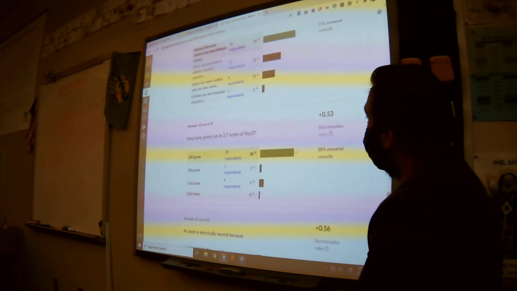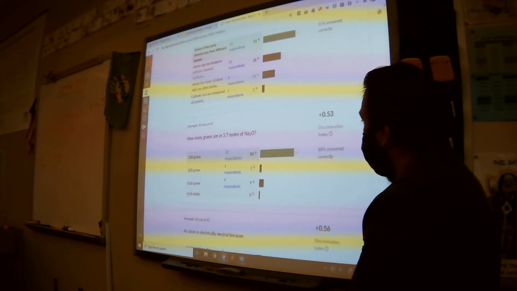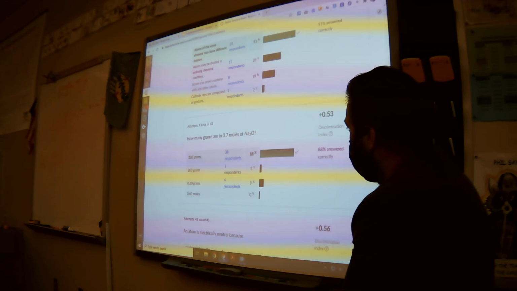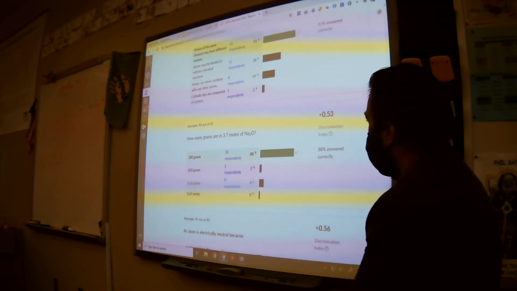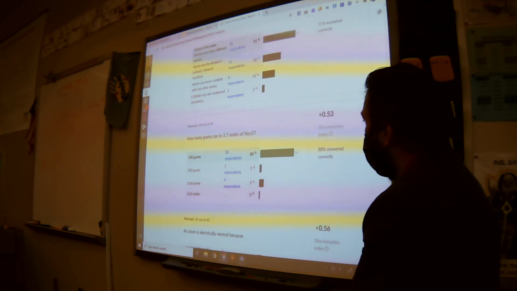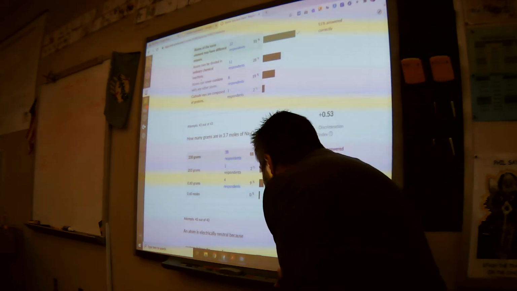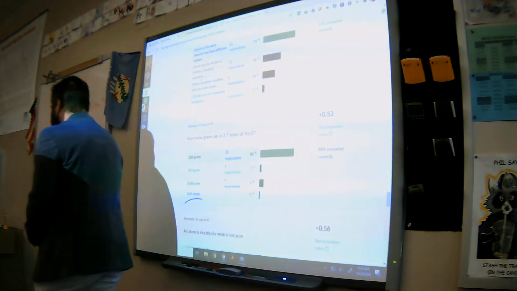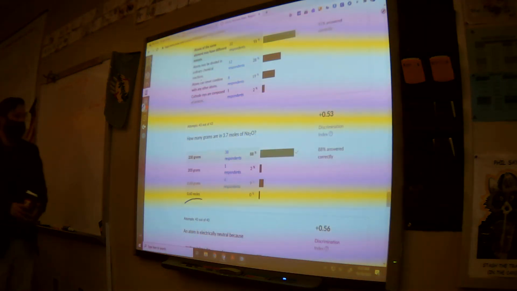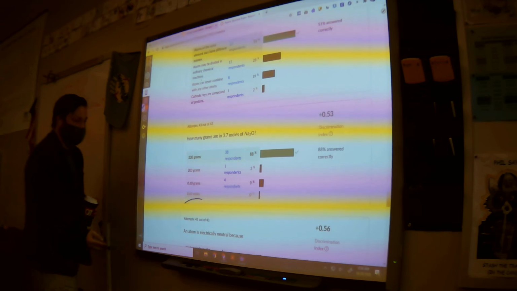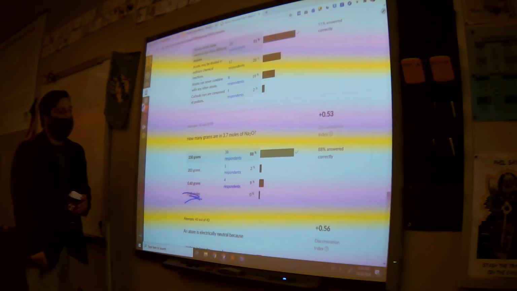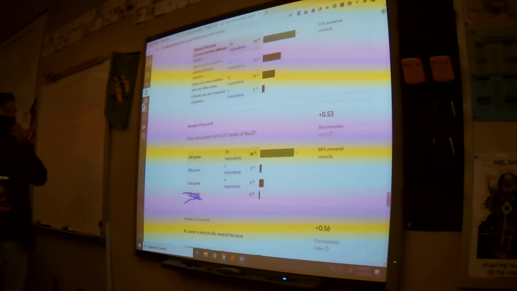Almost done. We got a few more. How many grams are in 3.7 moles of sodium oxide? Well, we can get rid of moles.